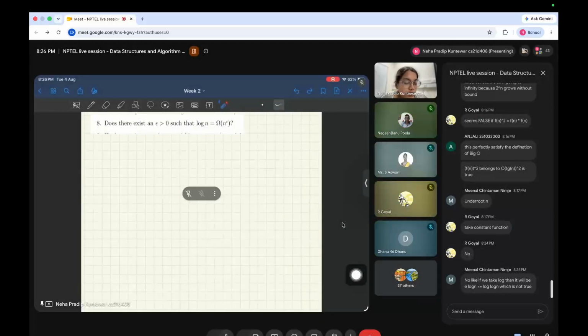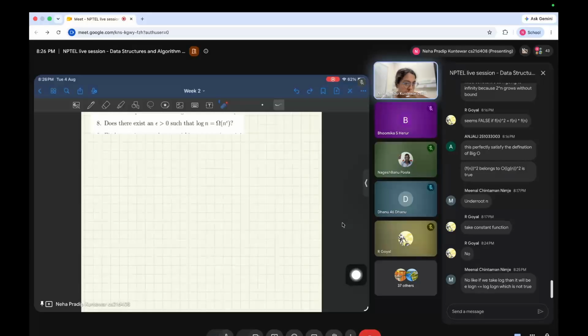Okay, sorry. So as Meenal has also answered in the chat, if you take logarithm on both the sides, here you have log n, and here you will have c times epsilon times log n.